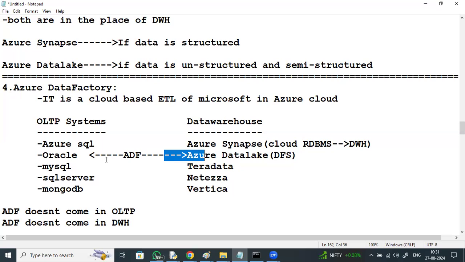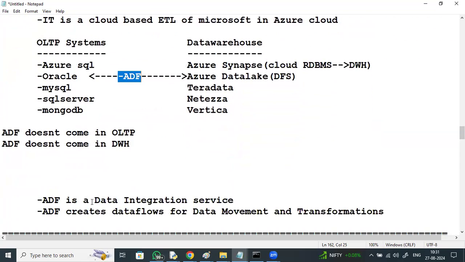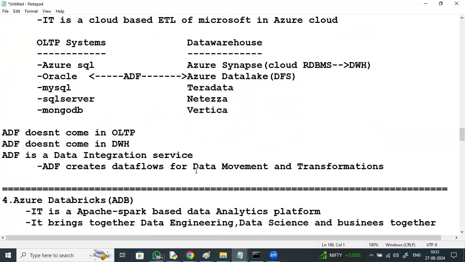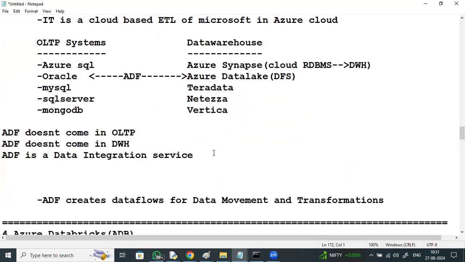It is an integration service between OLTP systems and data warehouse systems, right? Yesterday I was saying this, ADF is an integration service.